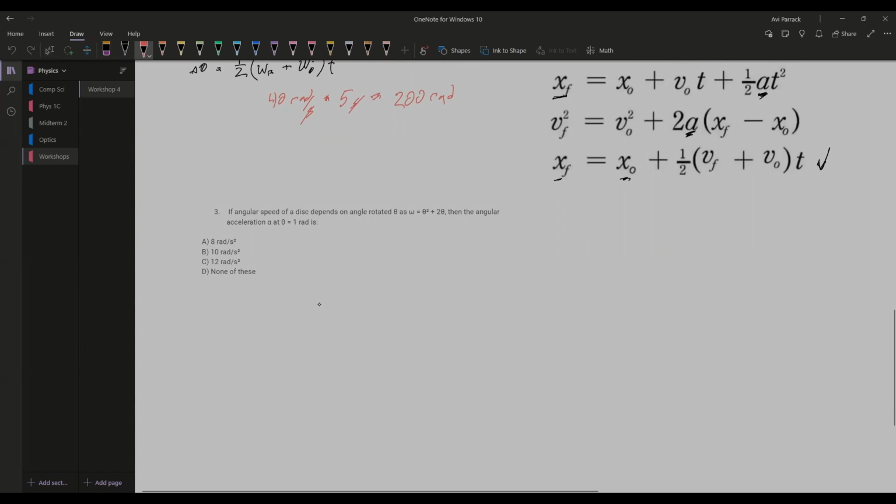Okay, so what is this asking? They tell us that the angular velocity, omega, is equal to theta squared plus 2 theta. And then they're asking us, when theta is equal to 1, what is the acceleration?